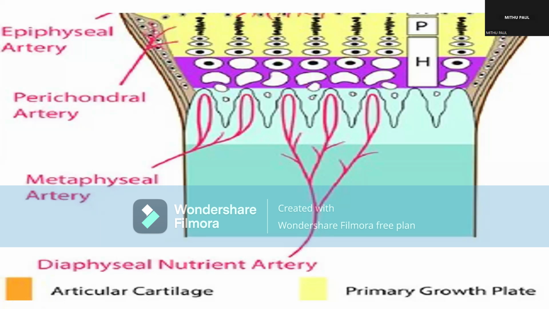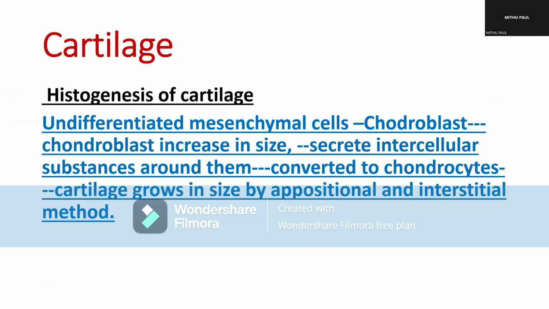But the vascular canals are all surrounded by a layer of the perichondrium. So the vessel's wall does not come in direct circulation of the cartilage. Thus the term in case of vascularity of the cartilage, that it is avascular, is correctly delineated. And this way the nutrition of the cartilage occurs.